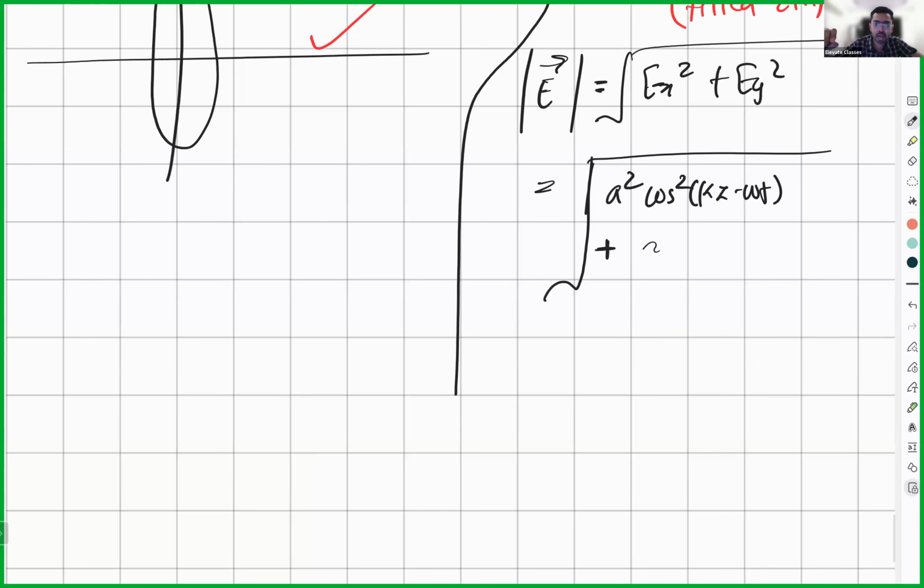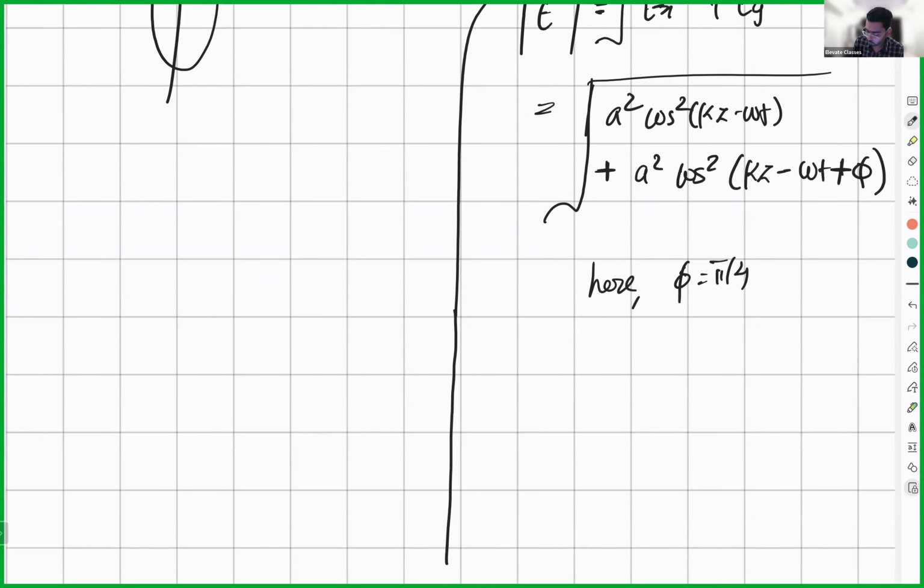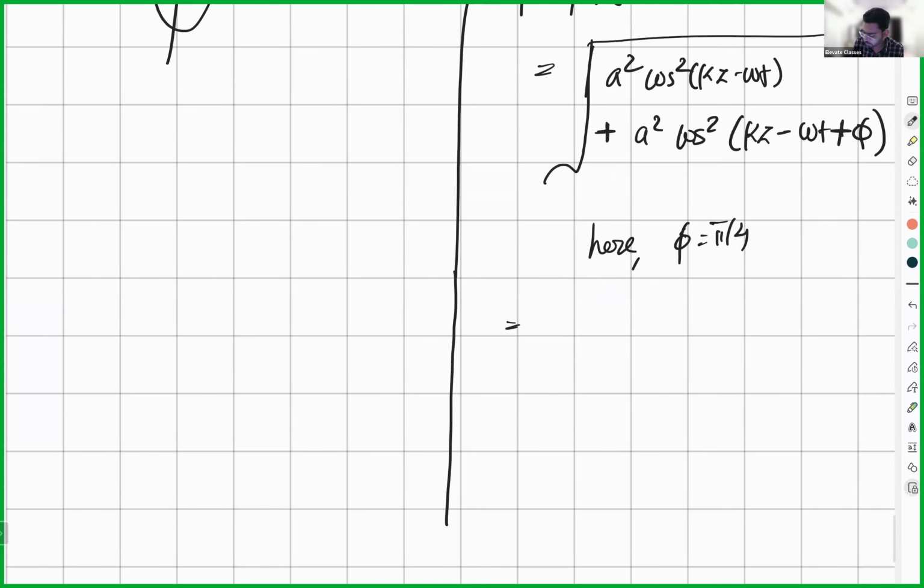So you can separate out a square, but this cos square will not simplify to a constant.